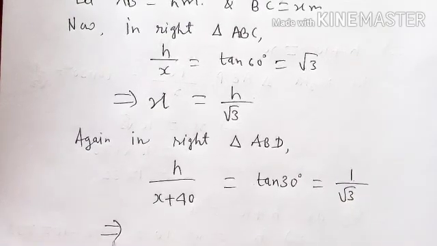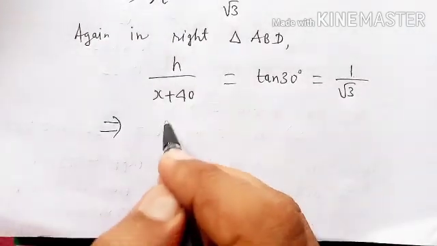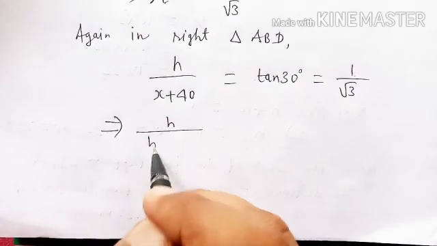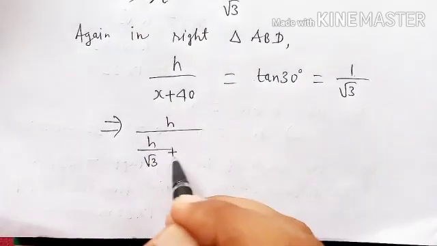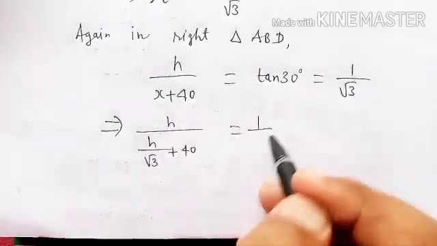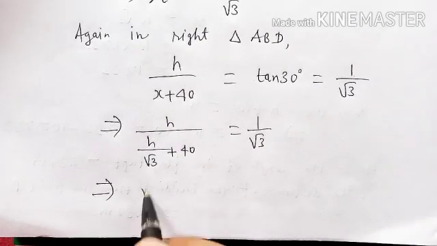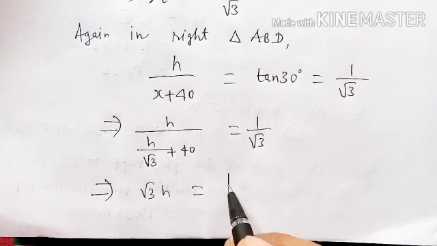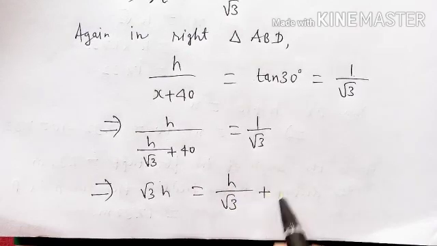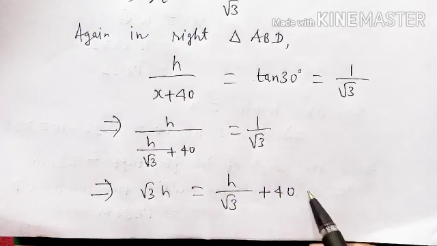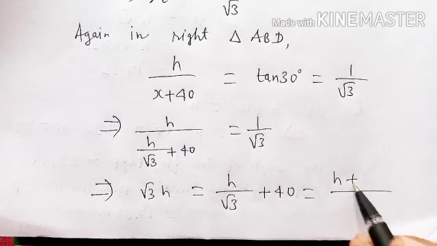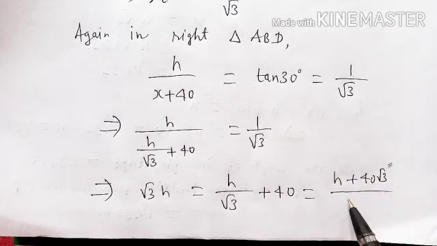We can write the value of x here. x is h by root 3, plus 40, is equal to 1 by root 3. From here after cross multiplication we have root 3 h is equal to h by root 3 plus 40. Now this can be written as h plus 40 root 3 by root 3.